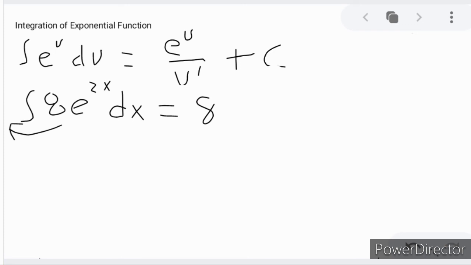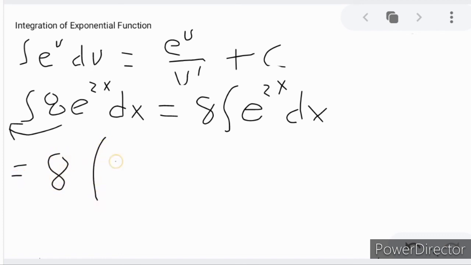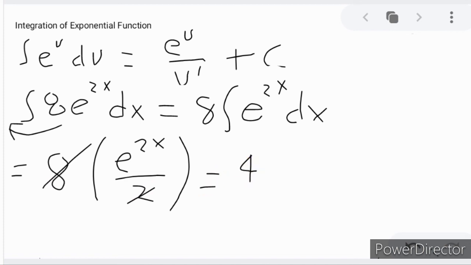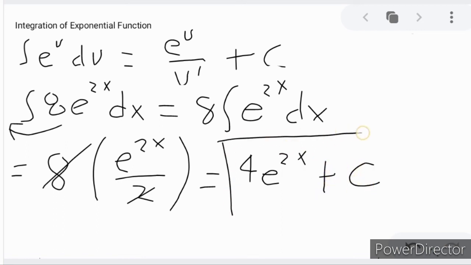Then, we have 8 times the integration of e raised to 2x dx. Then, we get 8 times e raised to 2x over 2. Then, we can simplify it. So, we have 4e raised to 2x plus c. So, that is our final answer.